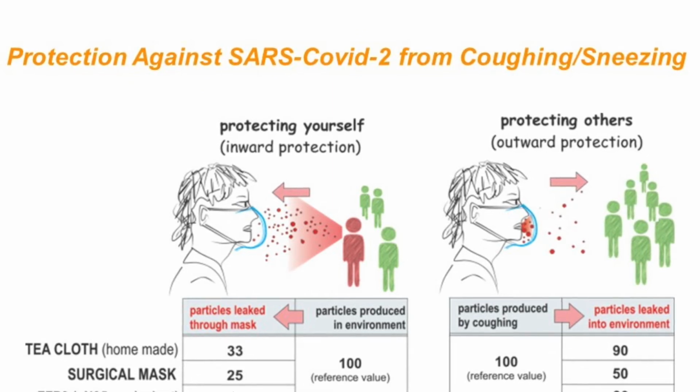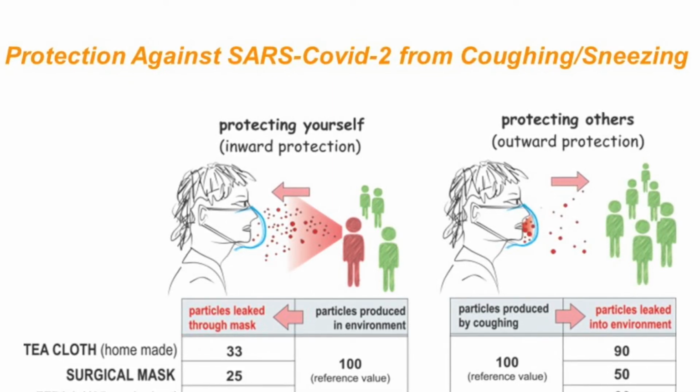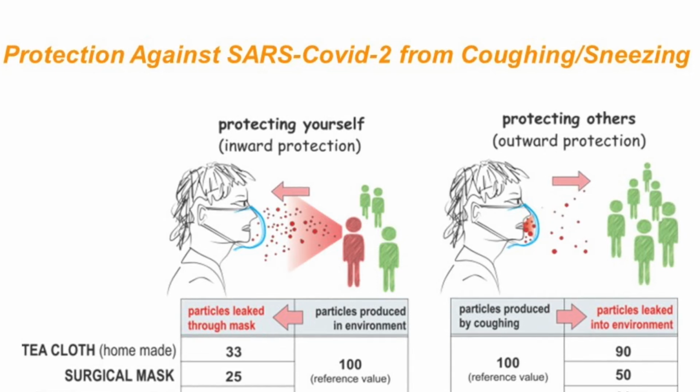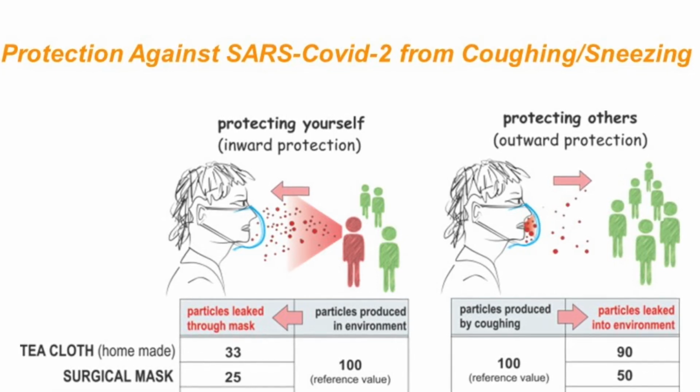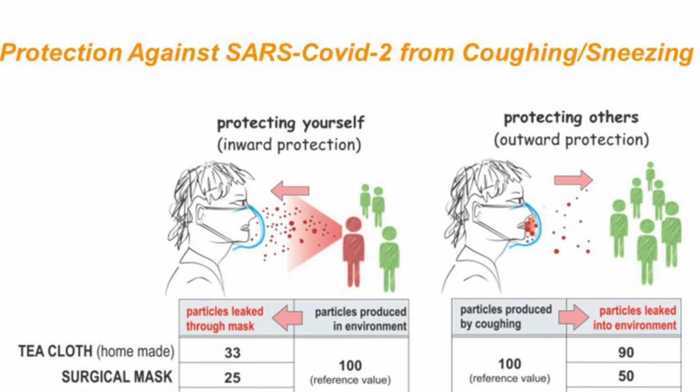He uses 3 examples, and these are just for illustrative purposes. There's quite a bit of variability, and we talked about variability and uncertainty before in the first part, so these numbers are ballpark figures, bottom line. So he used 3 examples.